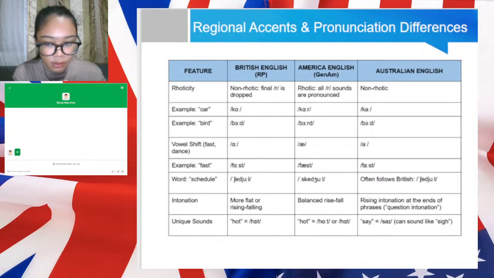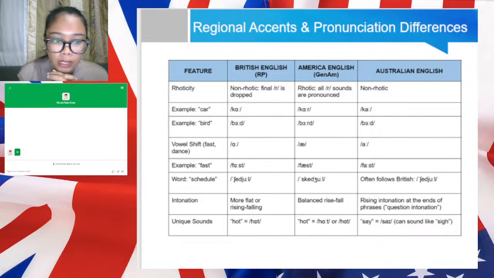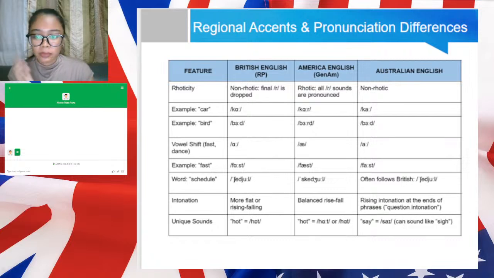For example, we have the word fast. In British English, we say it as fast. In American English, fast. In Australian English, fast. It sounds the same as British English, and the great distinction would be with American English because it's really quite fast. So that's it.